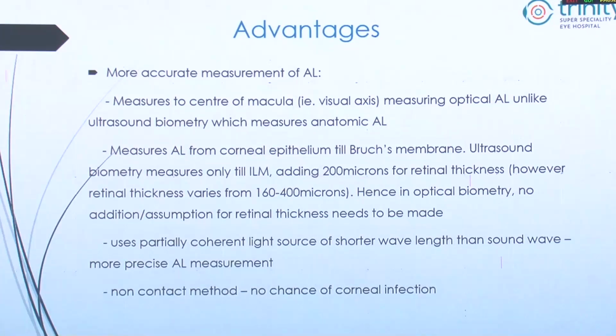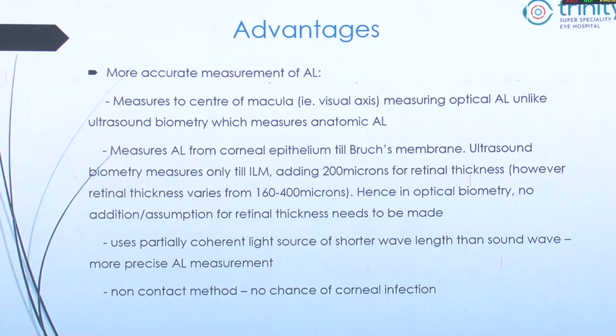Formulas come later. So the advantage is more accurate measurement. Optical measures axial length up to the macula, unlike ultrasound biometry, which measures a different length. It measures axial length from the corneal epithelium to Bruch's membrane. Ultrasound biometry measures only till the ILM and adds 200 microns of retinal thickness.